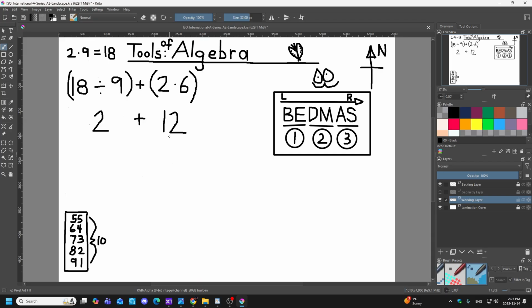Simple math, 12 plus 2, which is 14. And then I'll check the answer. That is a yay.